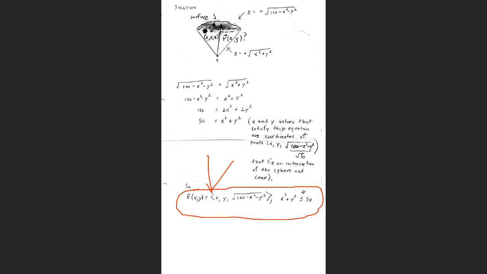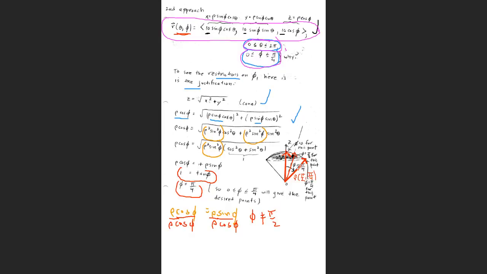And that gave us this vector function, and the restriction on the parameters is x squared plus y squared is less than or equal to 50. Obviously I'm recording the lecture, and it'll be available for you to watch later, but it's a nice example to really help you with this.